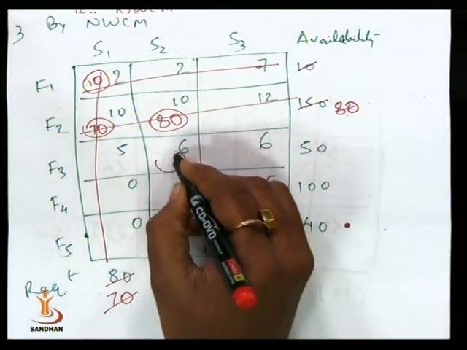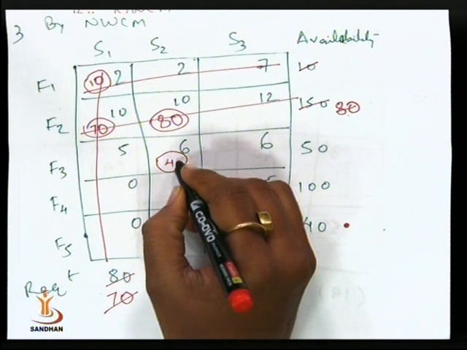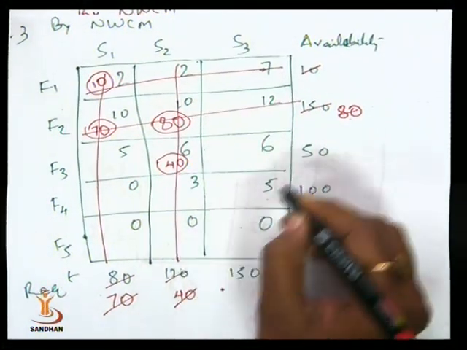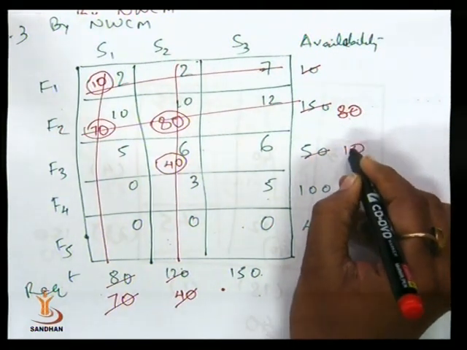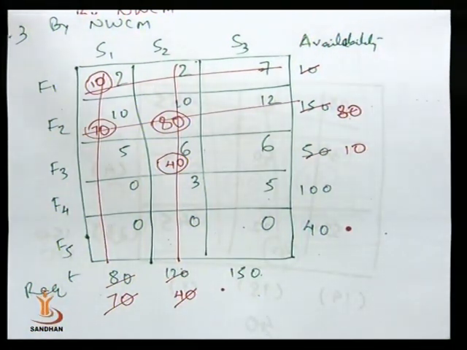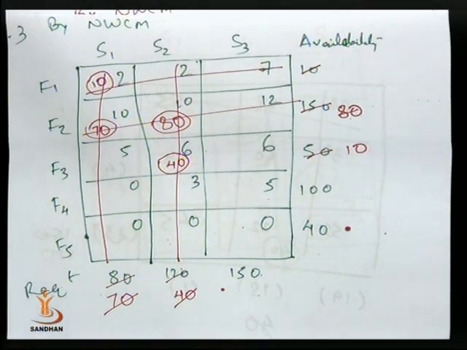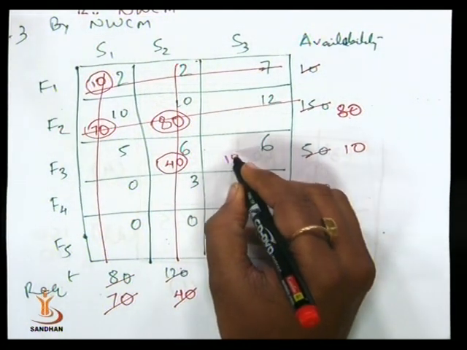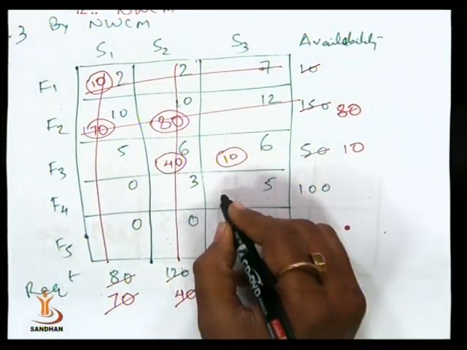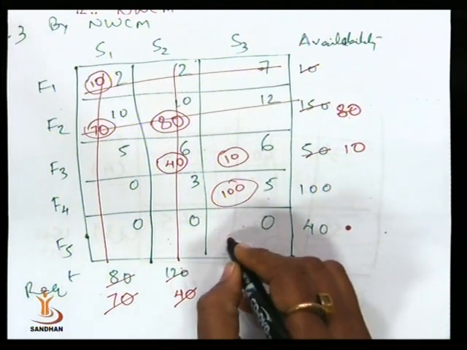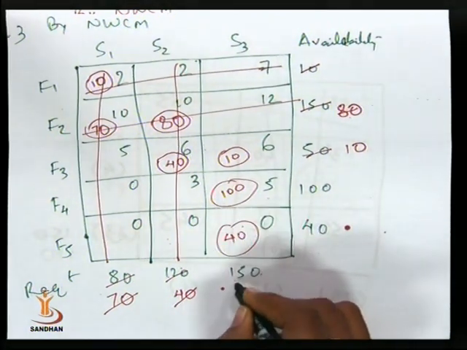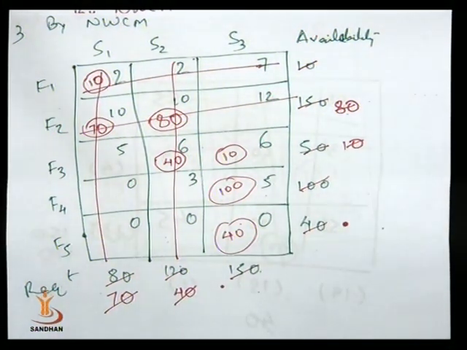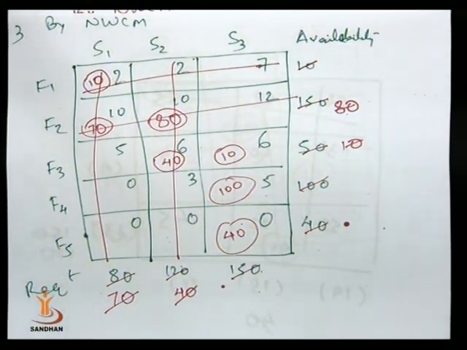We allocate 40 units in this cell. So the requirement of S2 is satisfied and 10 units are available. Now the order of the matrix is 1 by 3. Exactly one column remains, satisfying all requirements as 10, 100 and 40, and satisfying the requirement of 150 units. This is the solution by the northwest corner rule method.